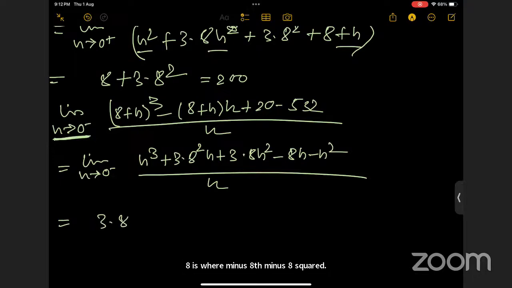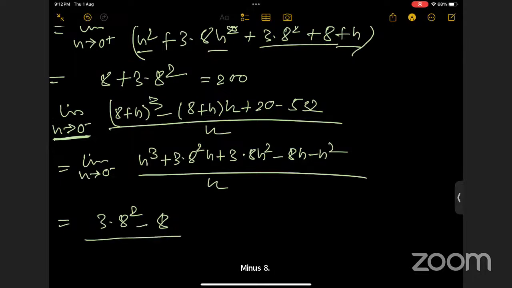So 3h square minus 8. Here we have plus 8. For this case, we have minus 8. Okay, so these are not equal. So they are not differentiable.